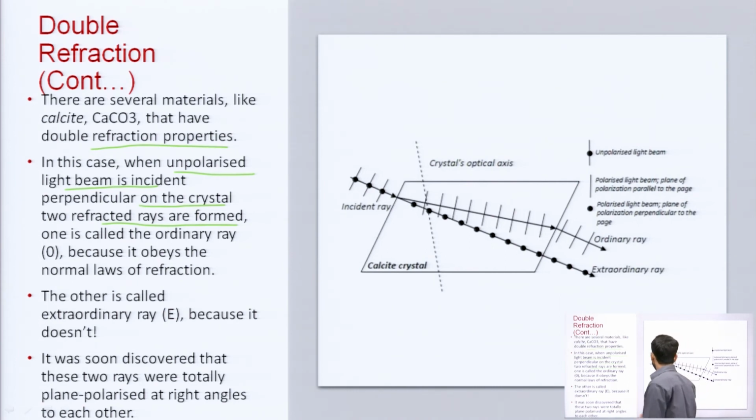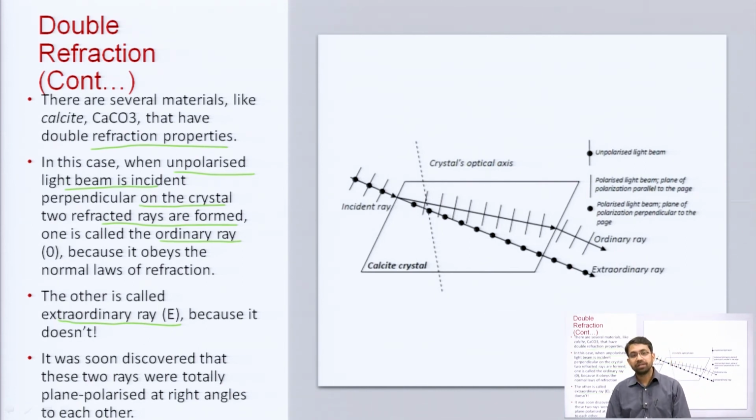When unpolarized light comes normal on this calcite crystal, two light rays are formed. One is called the O ray, another is called the E ray. One is called the ordinary ray, that is O ray, and another one is called the extraordinary ray, we call it E ray. Why are these names given?